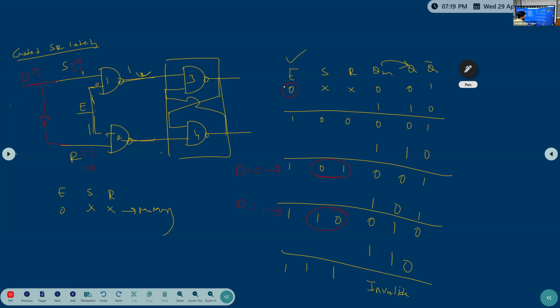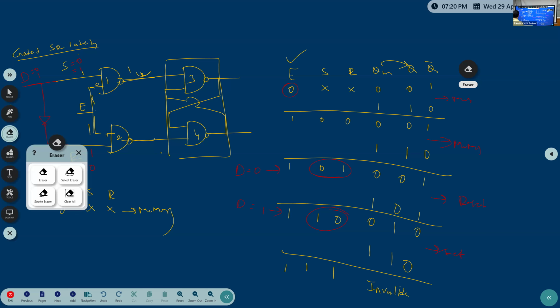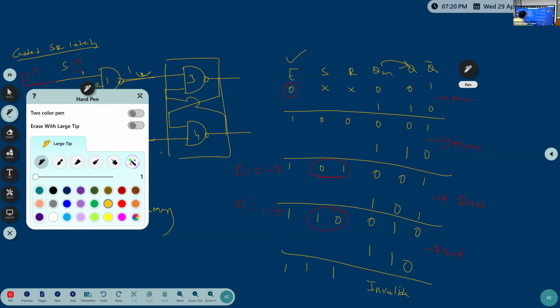So three cases will be there. If you observe what we are getting, this one is memory, this one also memory, this one is reset, this one is set. So we'll go with the D latch truth table.